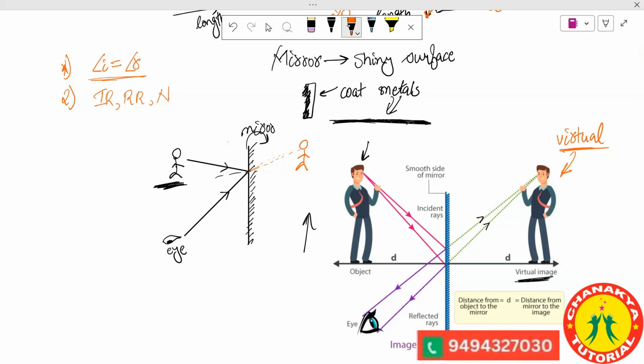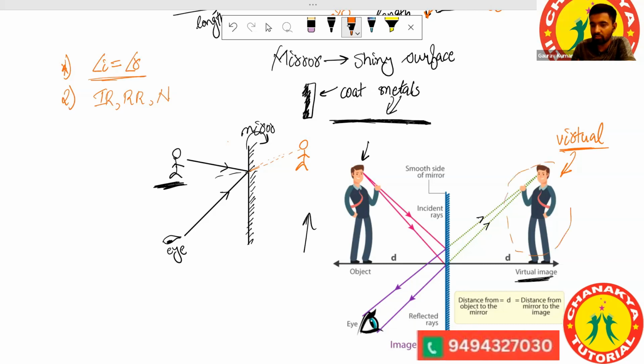He is not real. Due to this reflection of light, we perceive that this man is standing behind the mirror. So this image is known as a virtual image. Got it?